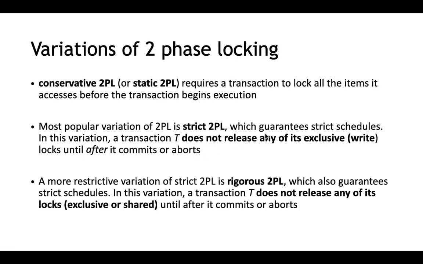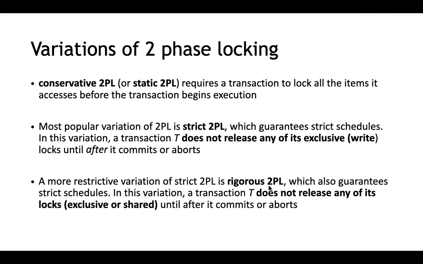So in order to achieve a strict schedule, in the unlocking phase also we do not release the exclusive locks, that are the write locks. The write locks are released only after the transaction commits or aborts. If this additional variation is brought in, it becomes a strict two-phase locking protocol.